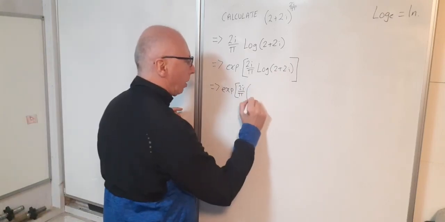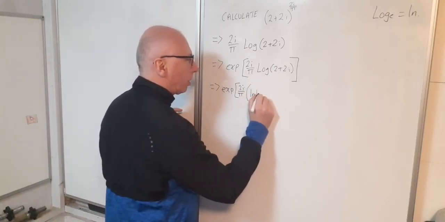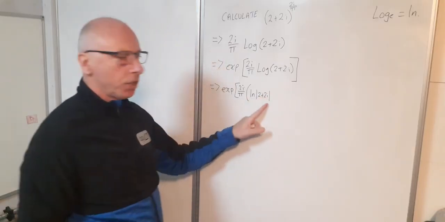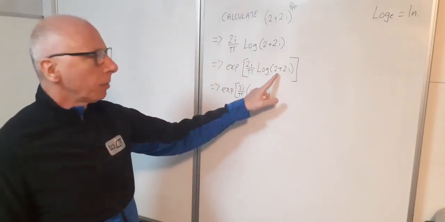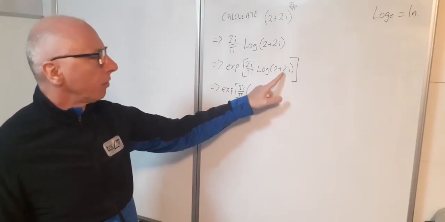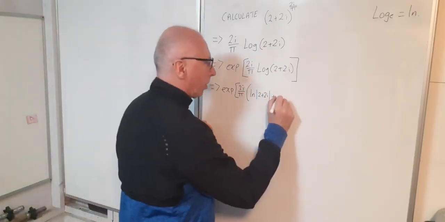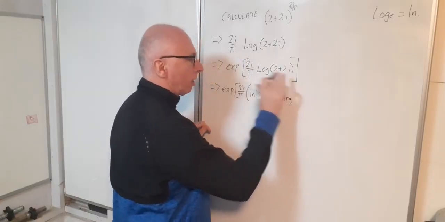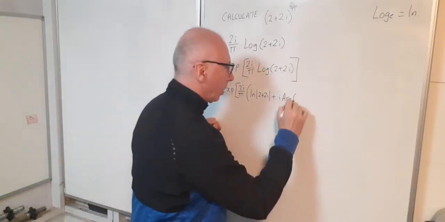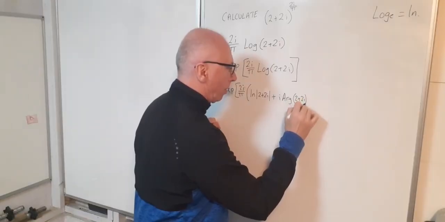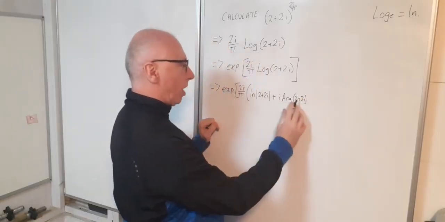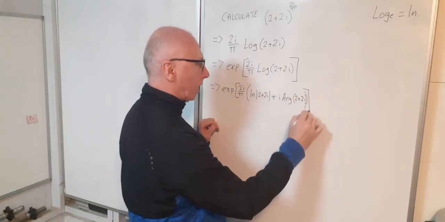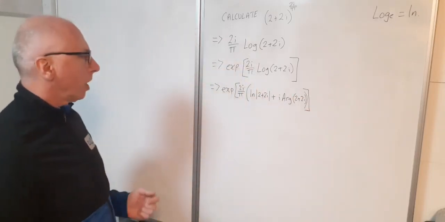So now if I just do a little bracket, I've got log 2 plus 2i. So I want the modulus of that. And then I now need the principal argument of 2 plus 2i. So plus i, principal argument, again capital A, 2 plus 2i. So that's going to give me an angle theta. So let's get the brackets right here. 2 plus 2i there, bracket for that one, and then a nice square bracket to close the whole thing off.